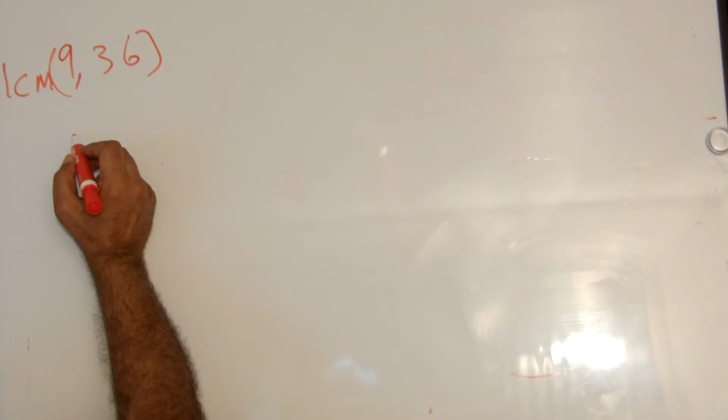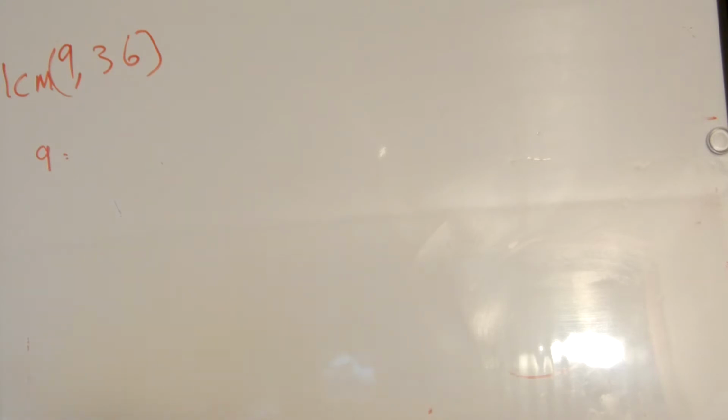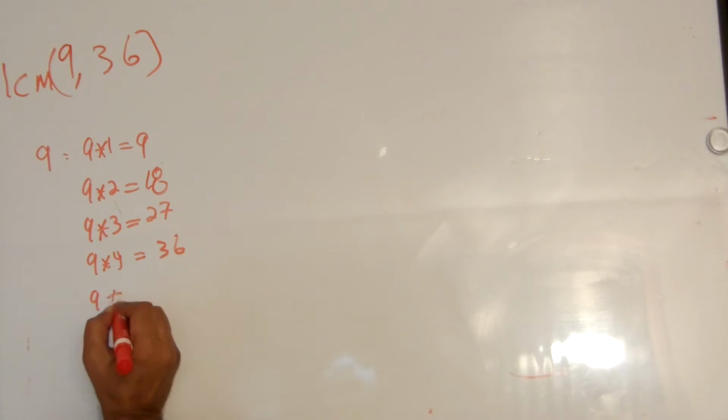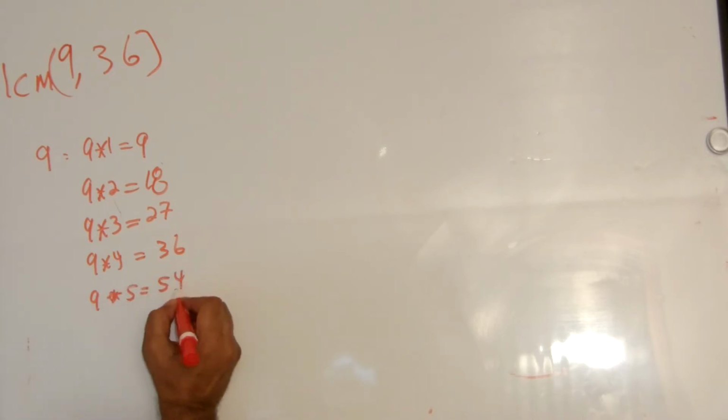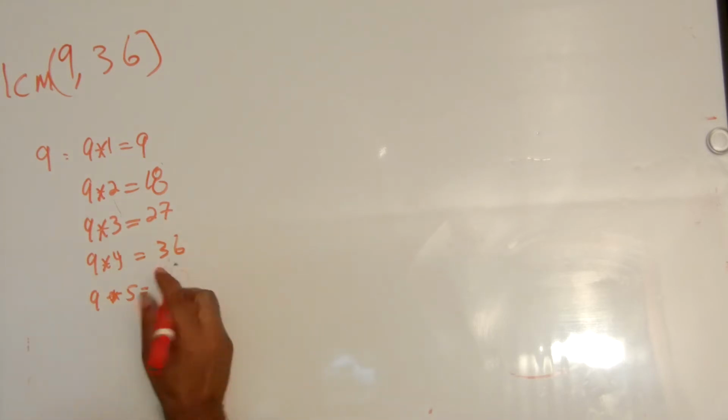What you do, you write the multiples of 9. 9 times 1 is equal to 9, 9 times 2 is equal to 18, 9 times 3 is equal to 27, and 9 times 4 is 36, 9 times 5 is 45.